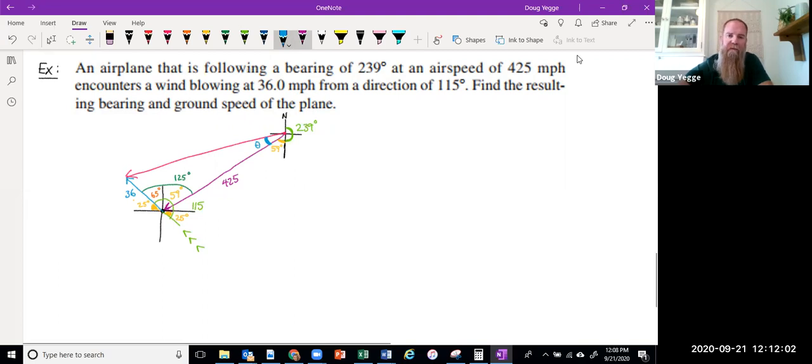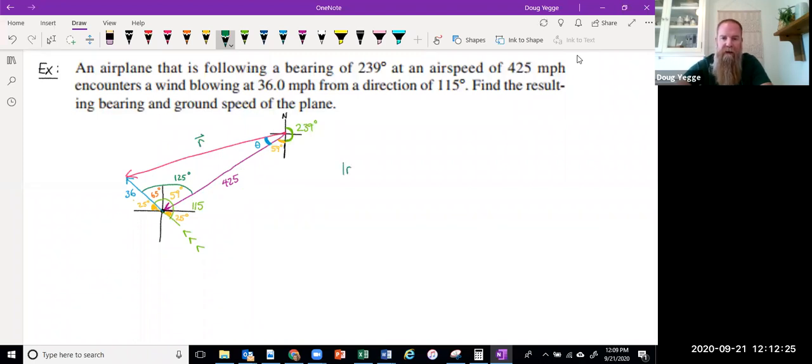We're also trying to find the missing side over here. So let's refer to that as the resultant, or maybe vector r. So now that we see our triangle, we see that we're given side, angle, side, which implies again that we could use the law of cosines in order to find the missing side.